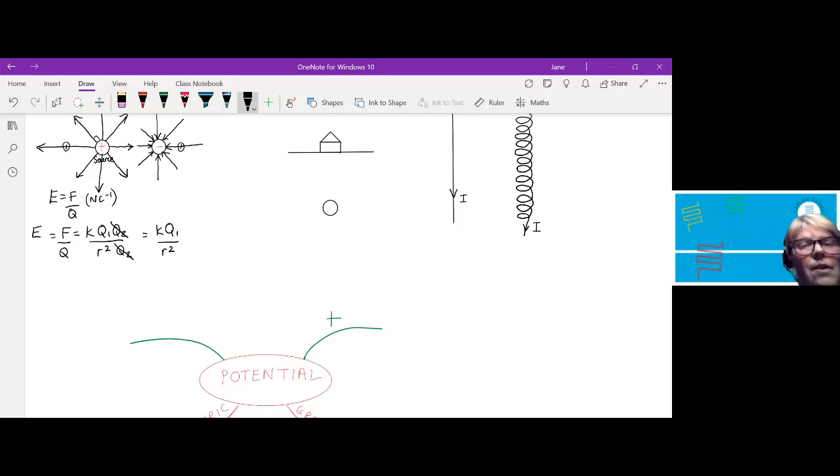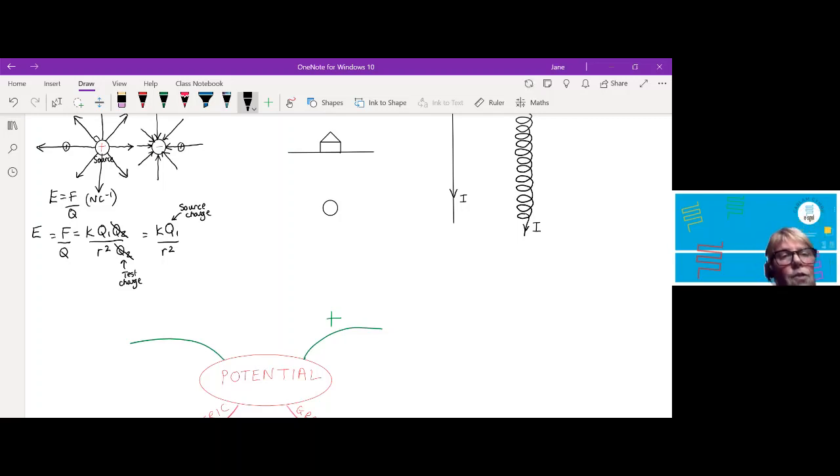So this in a sense is my test charge that I've put into that field that experiences a force. This Q1 here is the source charge that gives you that electric field in the first place.